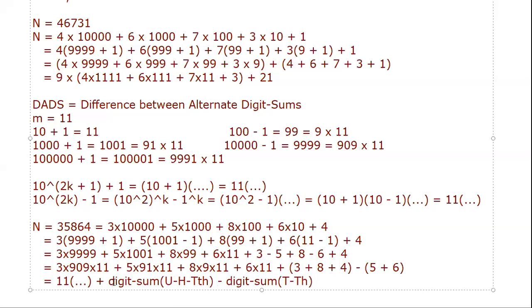Okay, so this is an alternate digit sum, this is another alternate digit sum, and then there is the difference between the alternate digit sums.